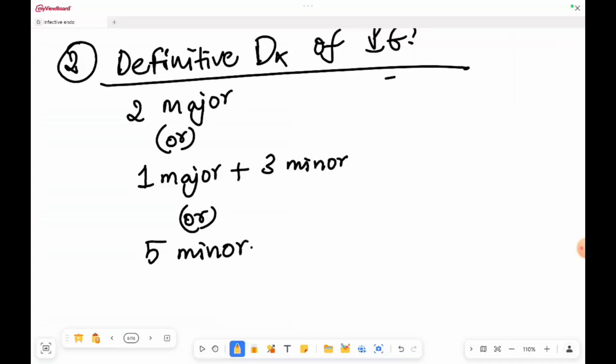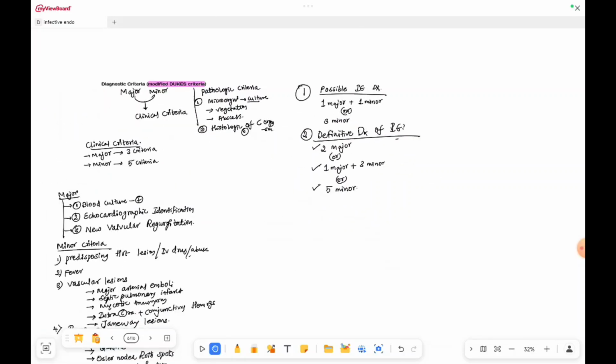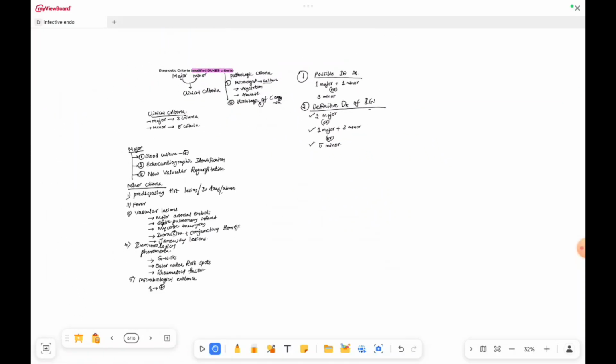So anyone which is positive, we can diagnose it as definitely it is infective endocarditis. So this whole thing is about diagnostic criteria, which is an important part of this LAQ. And so thank you.